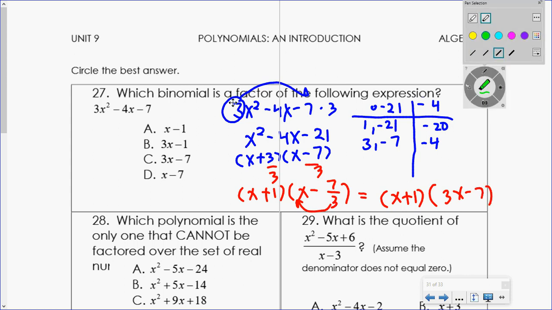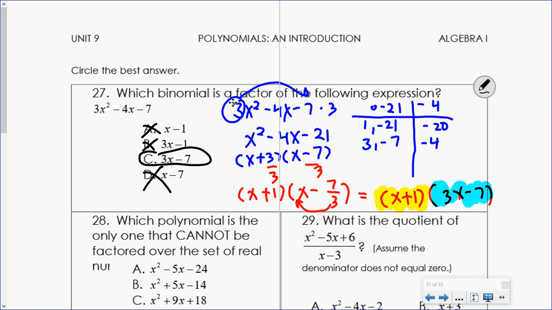Now we're going to go back and look at these choices, and see, is there an x plus 1 or is there a 3x minus 7? I can tell you right now, x minus 1 doesn't work. That's not an option. 3x minus 1, that's not an option. However, C is an option, and I do not have x minus 7. So when I factored this, it became this. So my answer is C.